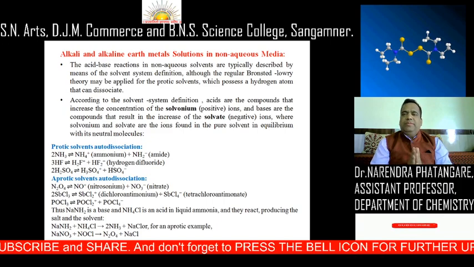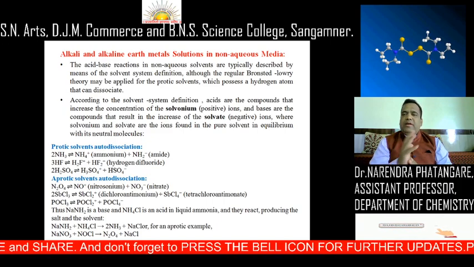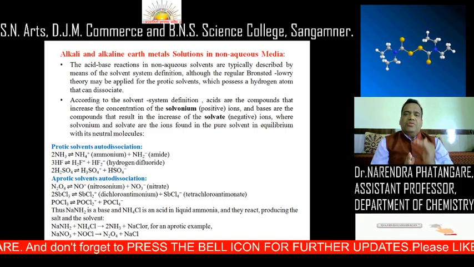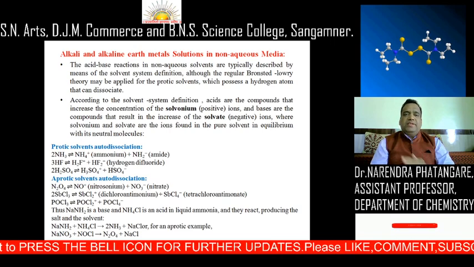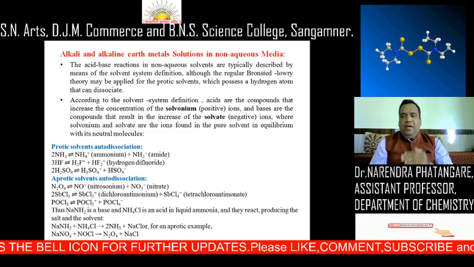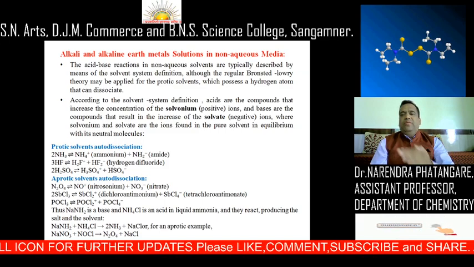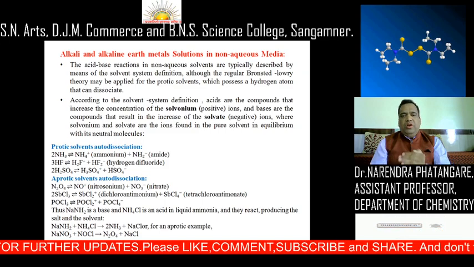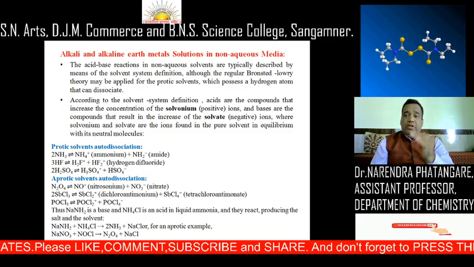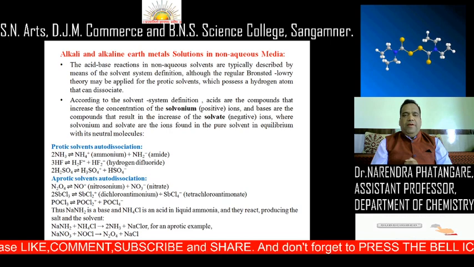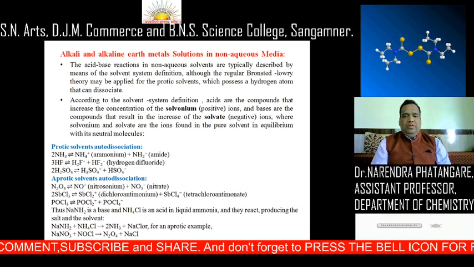According to the solvent system definition, acids are compounds that increase the concentration of solvonium ions, and bases are compounds that result in an increase of the solvate ions, where solvonium and solvate are the ions found in the pure solvent in equilibrium with its neutral solution.